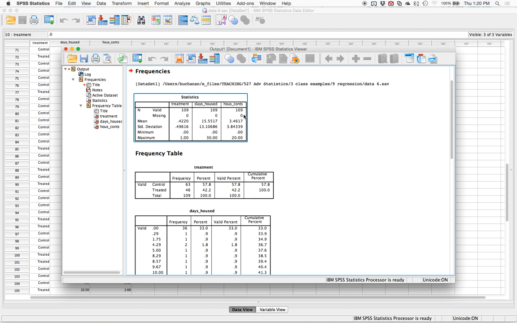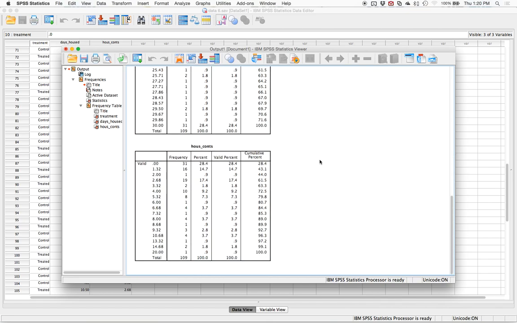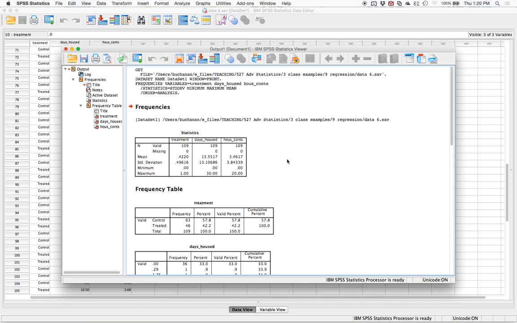So I don't have any missing data, which is good. I don't have to estimate anybody. It looks to me like my treatment groups don't have any weird codings going on. I would have to know the upper and lower limits, but clearly I can't be housed negative days, and there are no negative numbers, which is pretty good for us too. So this is where I would check for typos and any missing data.